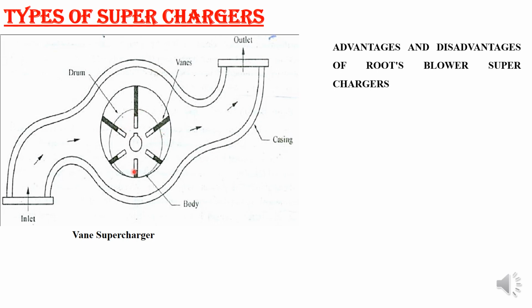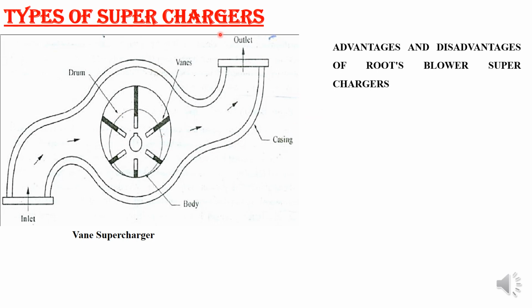The blade slides radially in and out of the slot. Whatever slot is provided, the rotor rotates eccentrically. So air comes in, it is compressed, and then it goes outside to the engine cylinder.